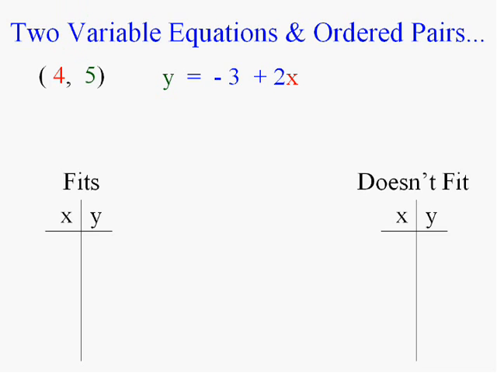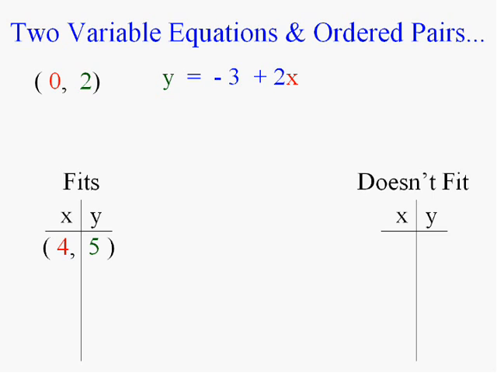For instance, 4, 5. Now, what am I going to put the 4 in for? Be careful here. The first number always goes in for the X. The 5 is going to go in for the Y because it's second. And negative 3 plus 2 times 4, or negative 3 plus 8, does equal 5. So that is a solution to this equation. It's not the only solution.